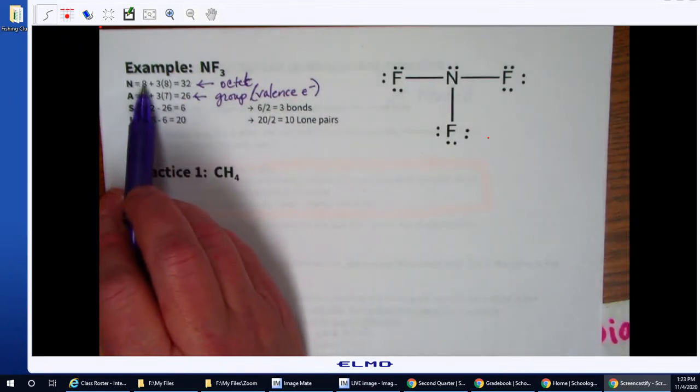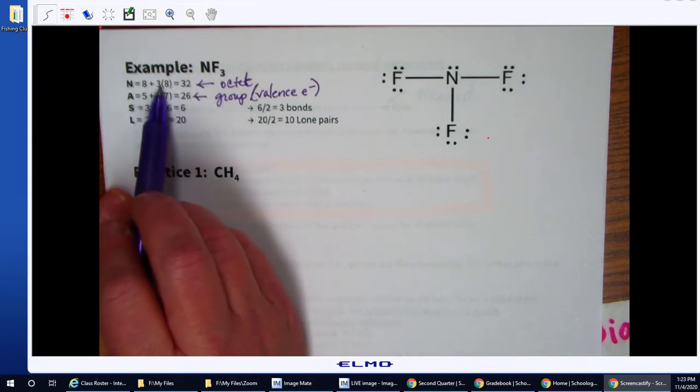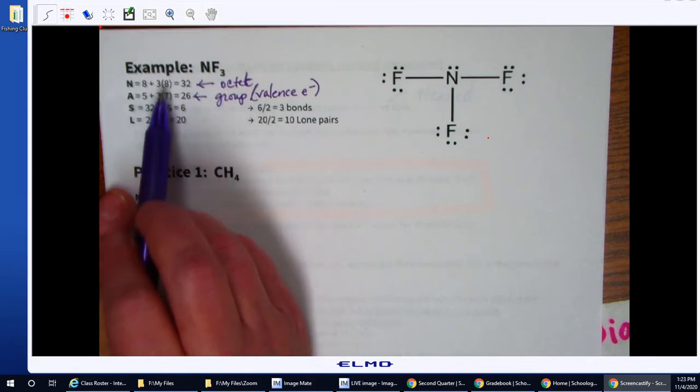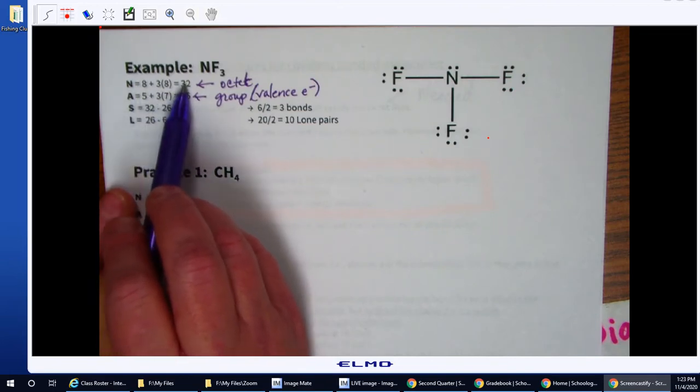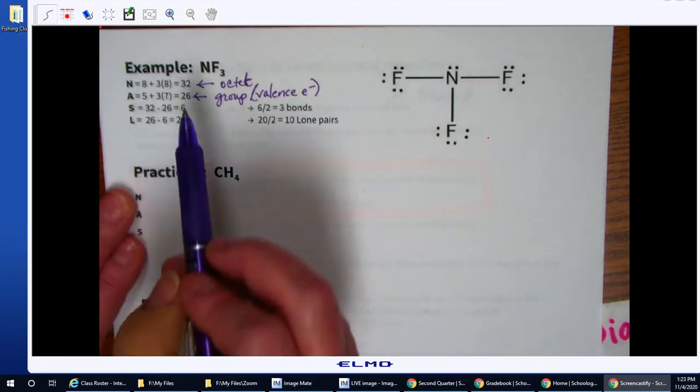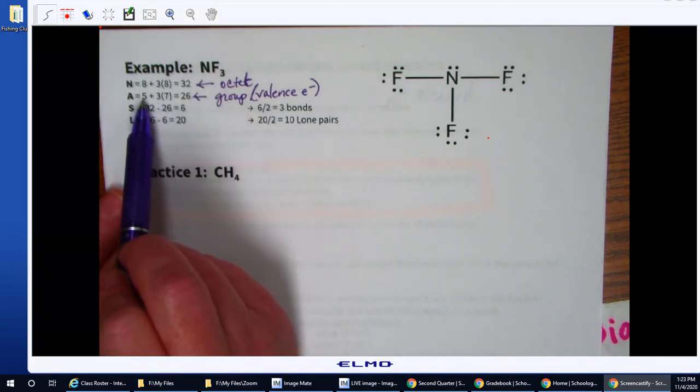Well, if I have 8 valence electrons that are needed for the octet in nitrogen and 3 fluorines, which also need 8, this is 8 plus 24, resulting in 32 total electrons that have to be accounted for. But in actuality, there's only 26. Well, how did I get 26?